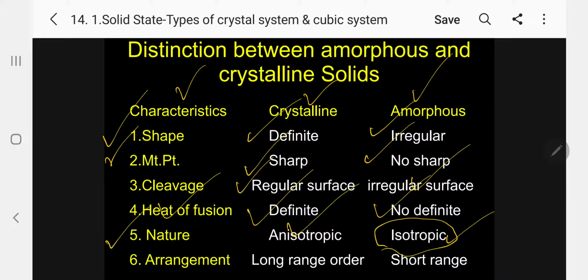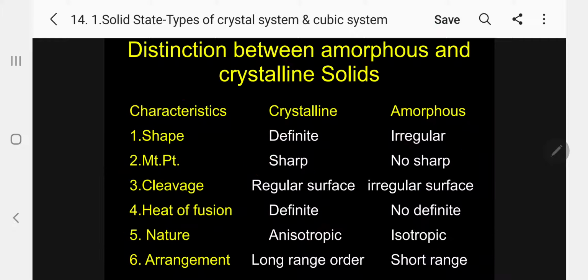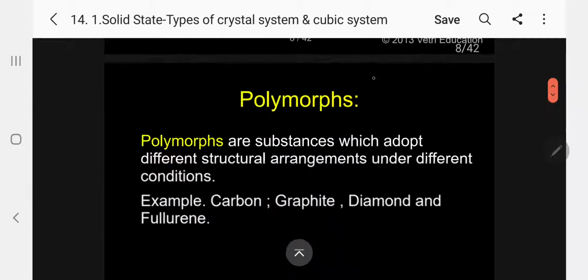Please follow. This is the most important. Please follow. Questions can be asked. Coming to arrangement, in crystalline solids, atoms, molecules, or ions are arranged in long range order, whereas in amorphous solids only short range order. So this you should memorize, questions can be asked.